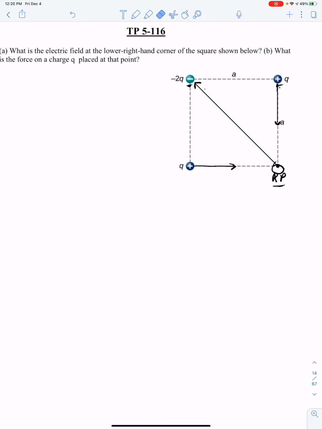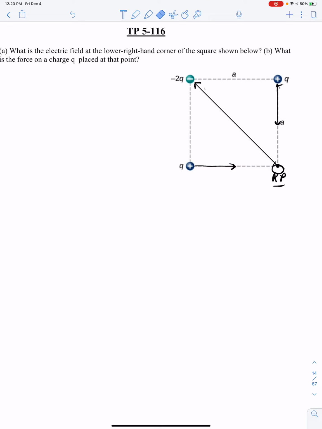So we have electric field here, here, here, such and such. But the only one that we care about is the one that directly ties to the reference point. So I'm going to erase all the other electric fields so we don't get confused.